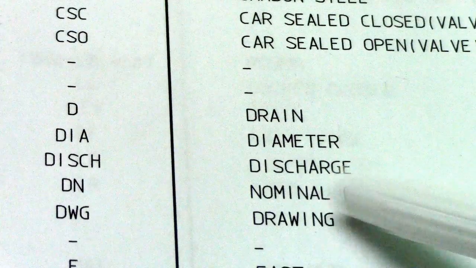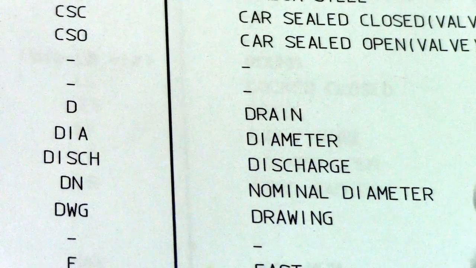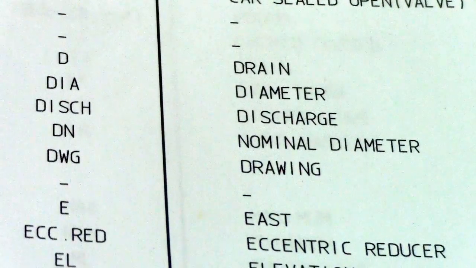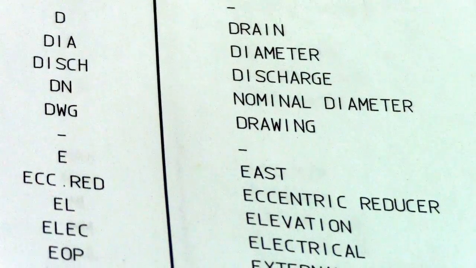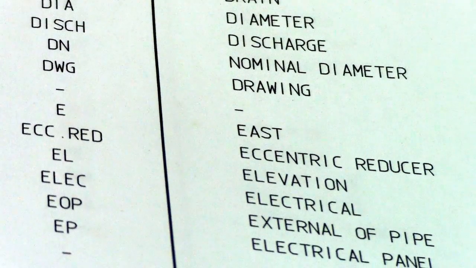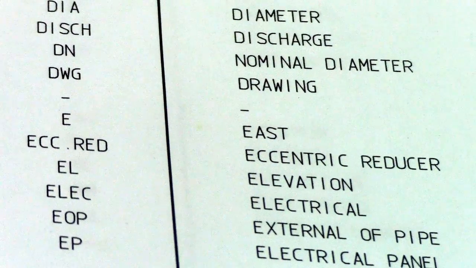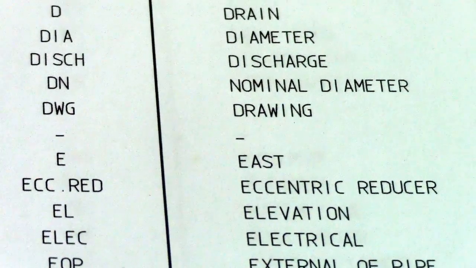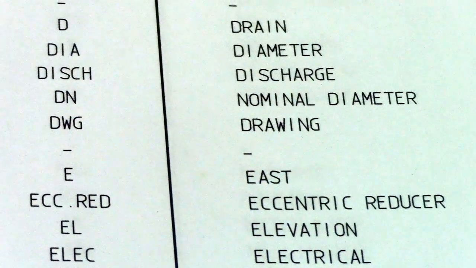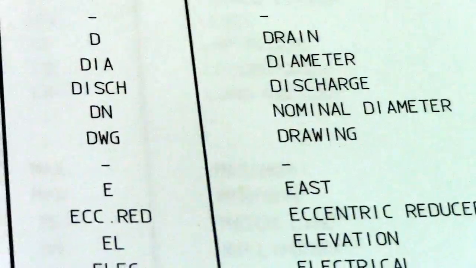So this is DN, nominal diameter. E is, okay, and they have also eccentric reducer. Elevation, electrical. So this is piping abbreviation.